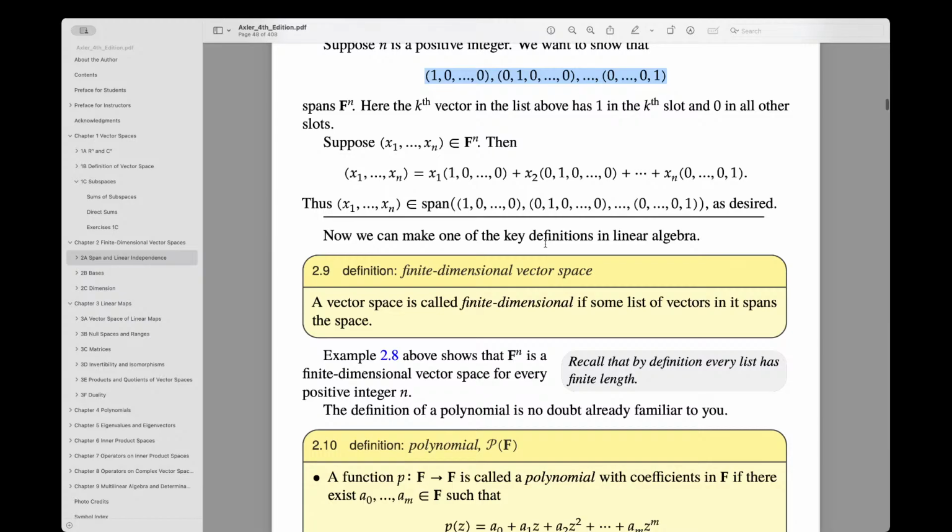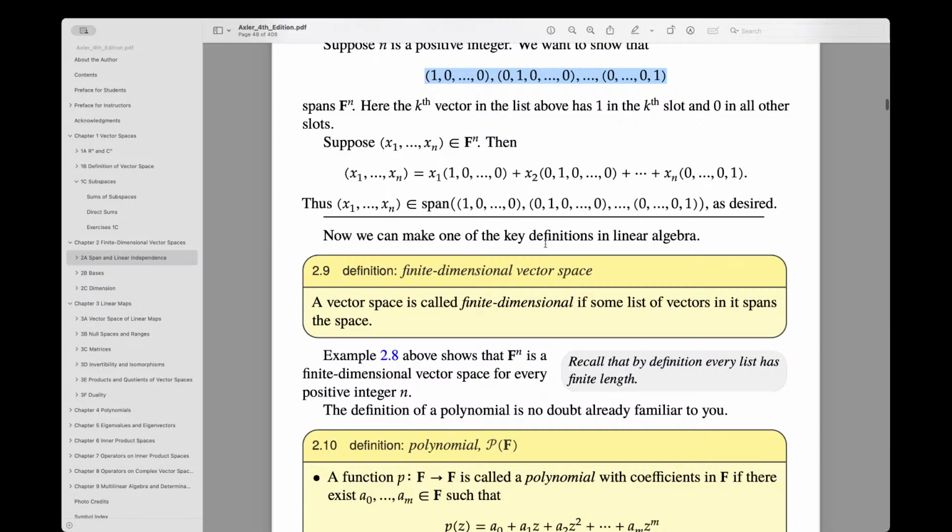It is true that you do have infinite dimensional vector spaces, and you would have an infinitely long list of vectors that spans the space, but this is not really a list anymore. It's more of a sequence, although you could think of every list as a sequence where all but finitely many terms are 0. So by definition, every list is finite length.